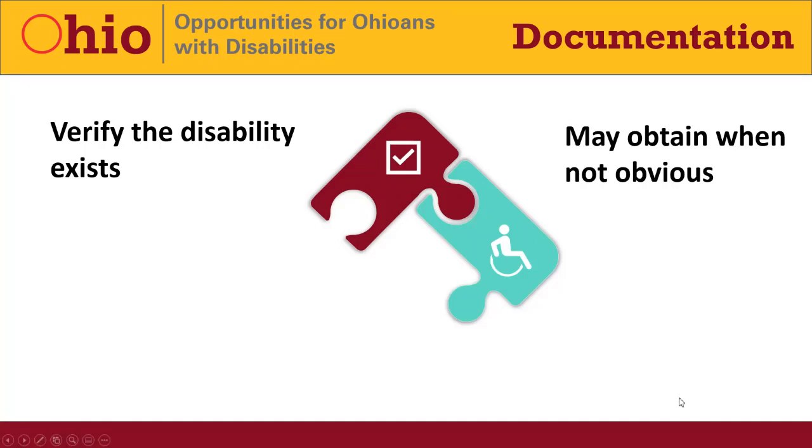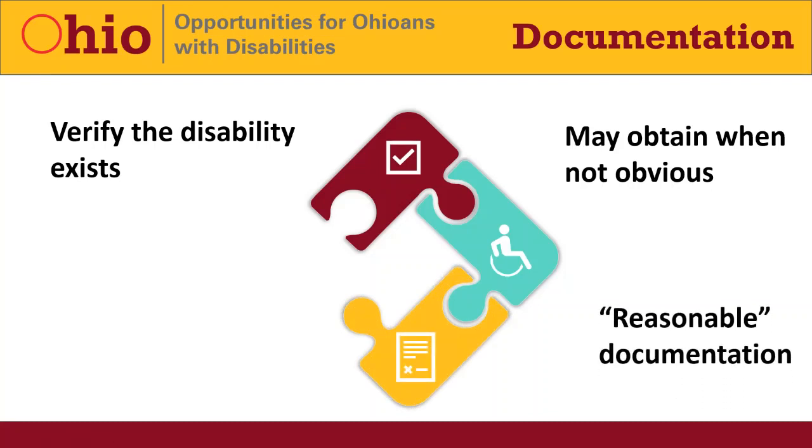So, Julie, what do you mean by reasonable documentation? Reasonable documentation means you are just asking for the information you need to verify the employee has a disability under Title I of the ADA and that a reasonable accommodation is needed.